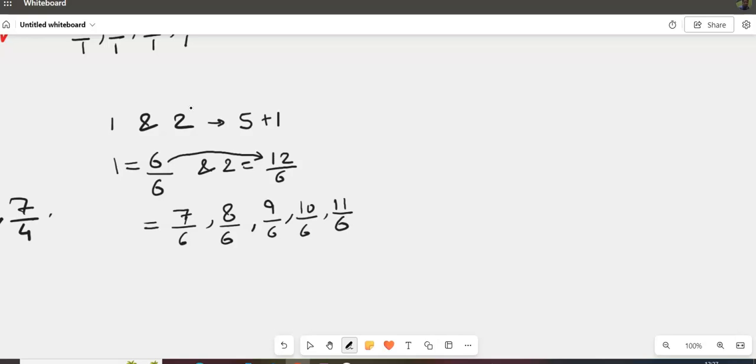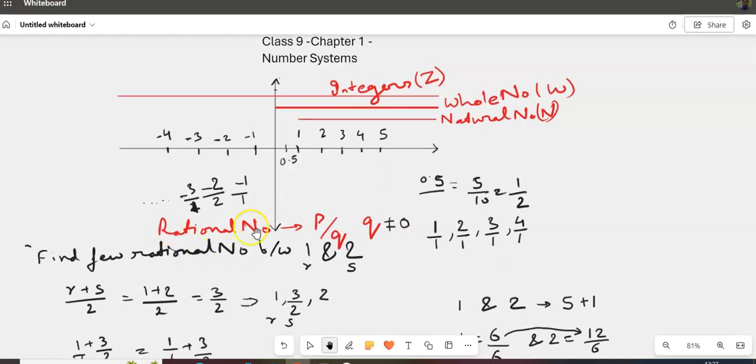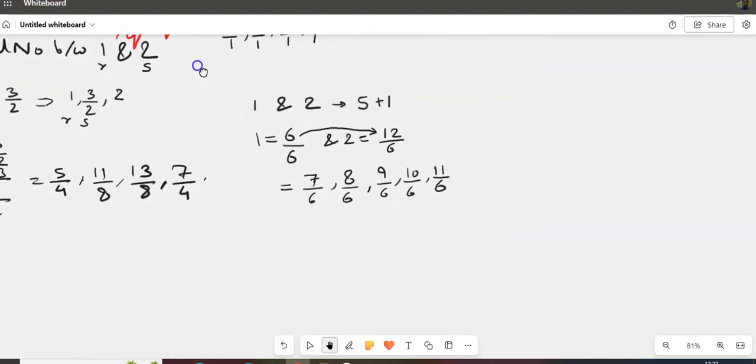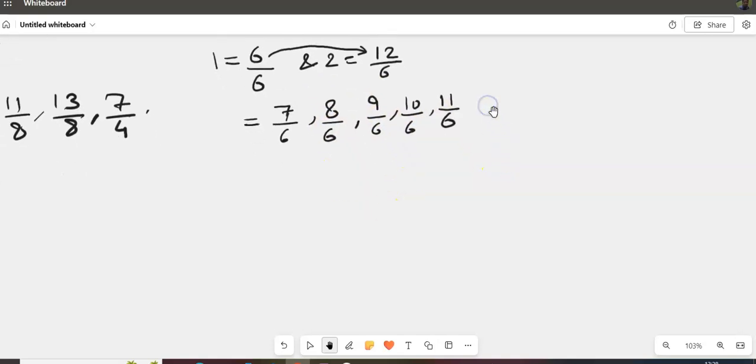Now, as we were talking about rational numbers, I told you that rational numbers should be in the form of p by q, and q should not be equal to 0. Here, both the numerator and denominator are following that rule. Okay, but there is one more rule: the numerator and denominator should not have any common factor.